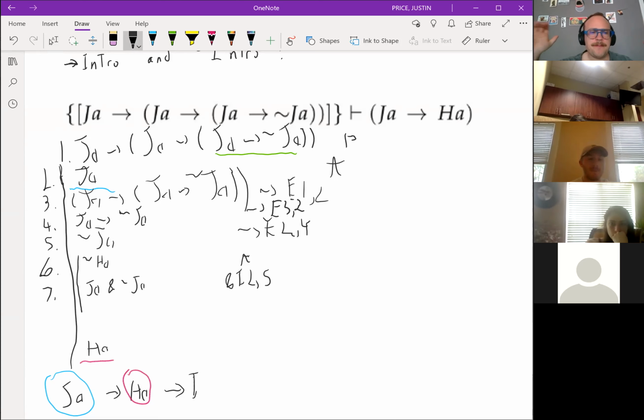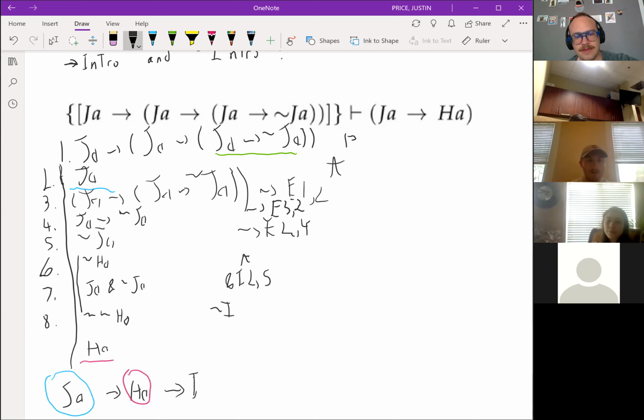In the assumption, yeah, I'll show you. So that will get us double negated HA, right? Wait, how will it get us double negated HA? With the negation introduction.